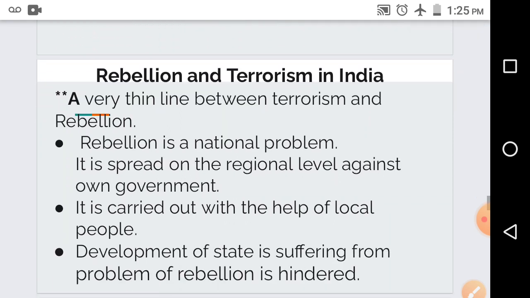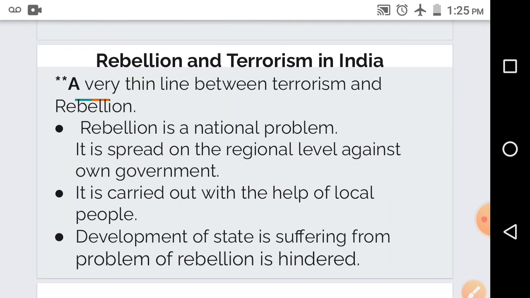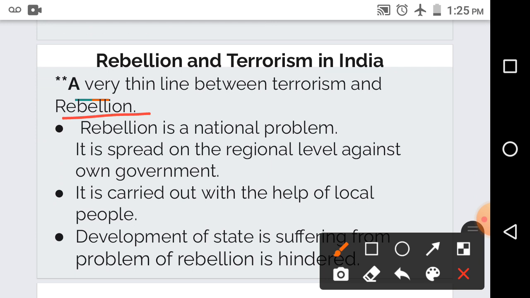Rebellion and terrorism in India. A very thin line exists between terrorism and rebellion. First, we are going to see rebellion. Rebellion is a national problem. It spreads at the regional level against one's own government. So here, it is none other than our own people, the citizens of our own country.